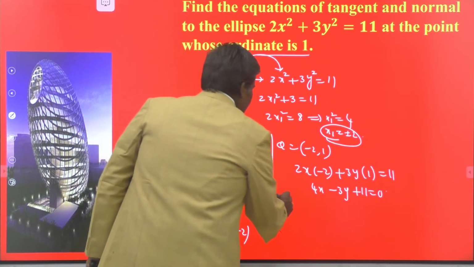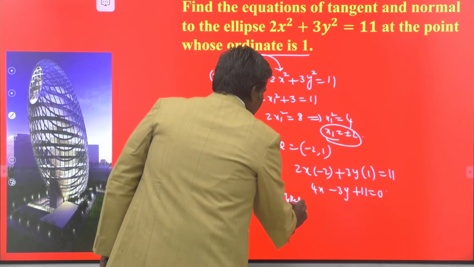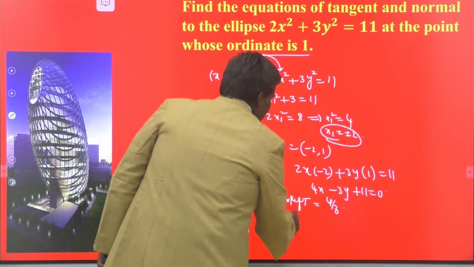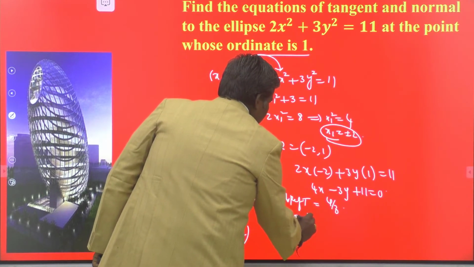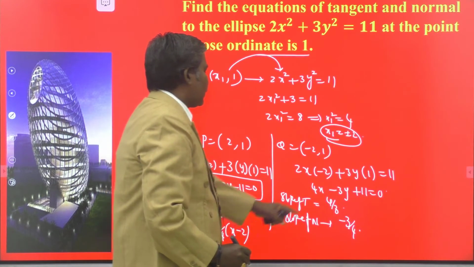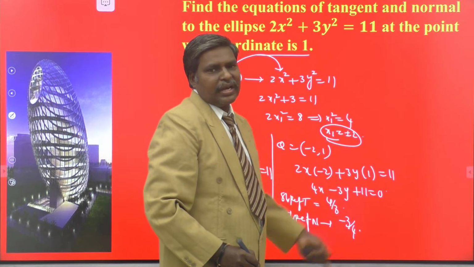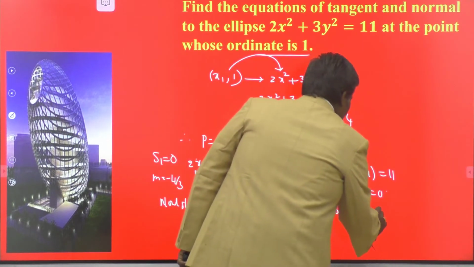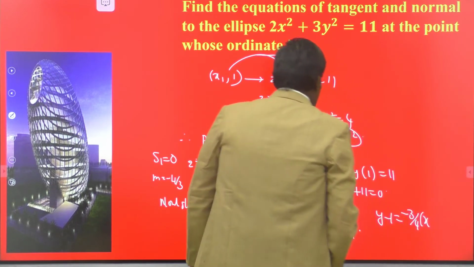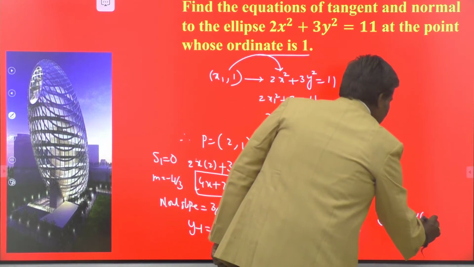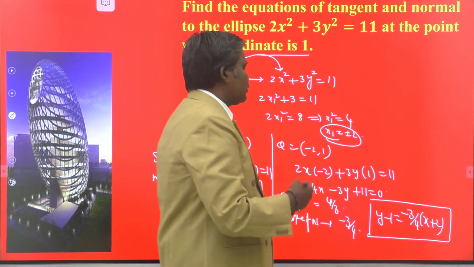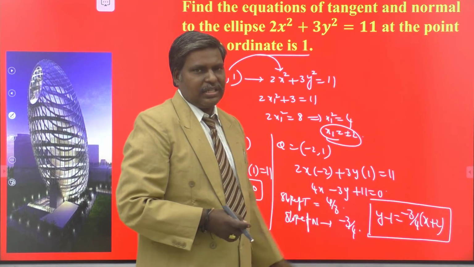What is the slope of tangent? Slope of tangent is minus 4 by minus 3, that is 4 by 3. Slope of normal is minus 3 by 4. You have the slope of normal at the point, and you know the point. You can write the equation of normal by the formula y minus 1 is equal to minus 3 by 4 times x minus x1, that is x minus of minus 2, or 4y minus 4 is equal to minus 3x minus 6, and you can simplify that one.